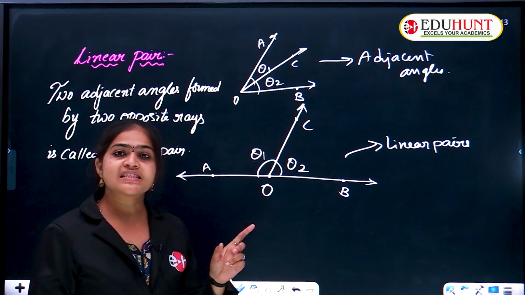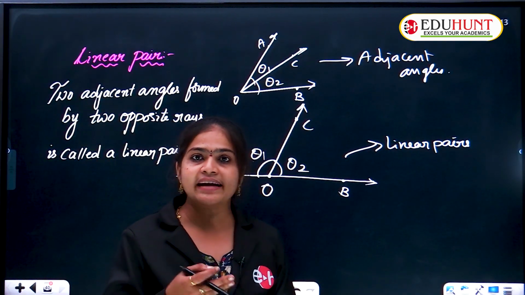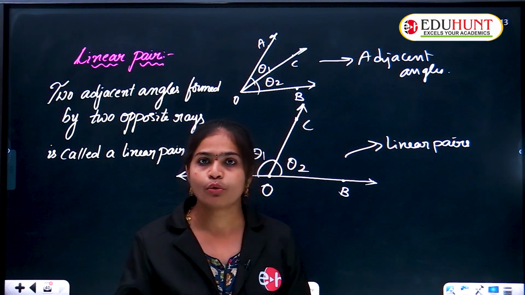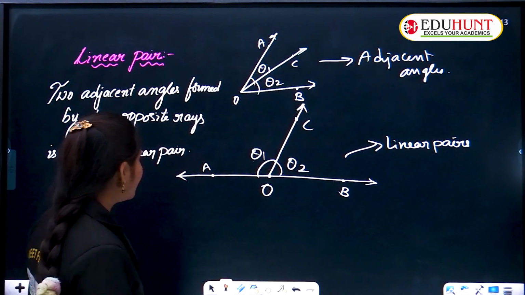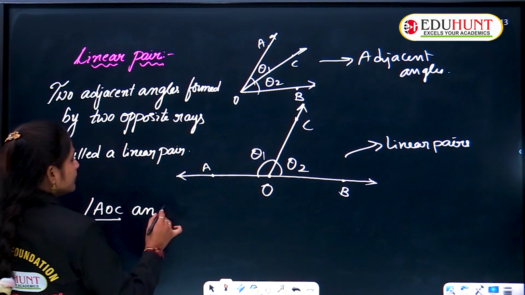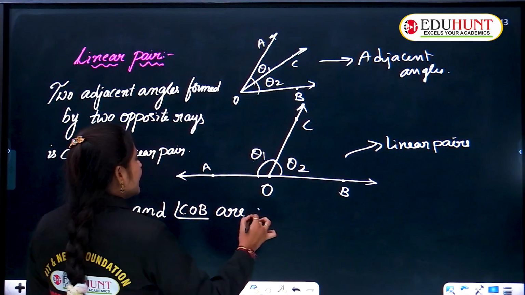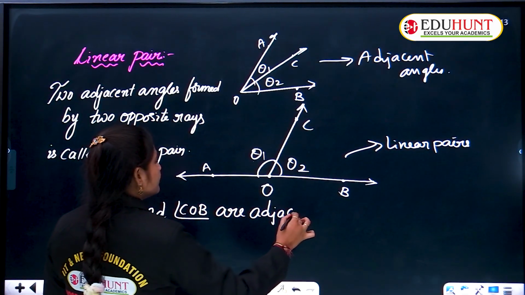And in the same way, a straight line forms an angle. What is that angle? On that straight line at point O, what is that angle? 180 degrees only, no? That's why we can say angle AOC and angle COB are adjacent angles.